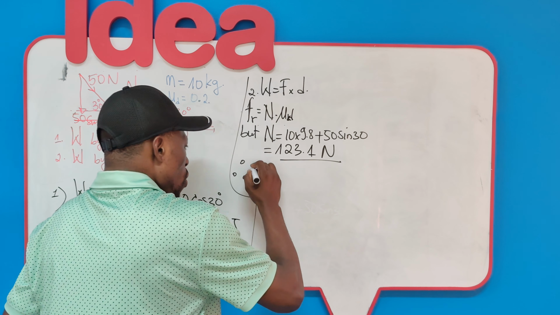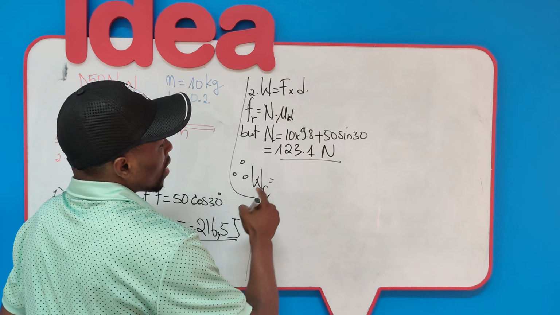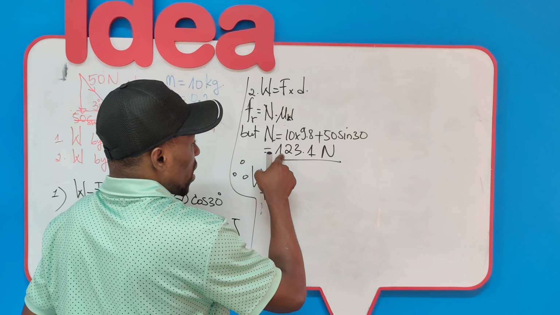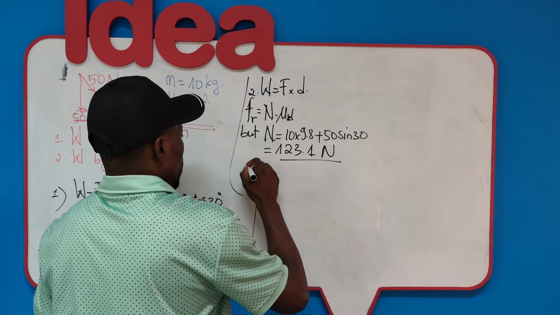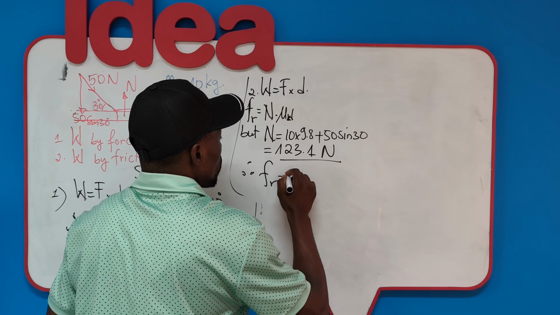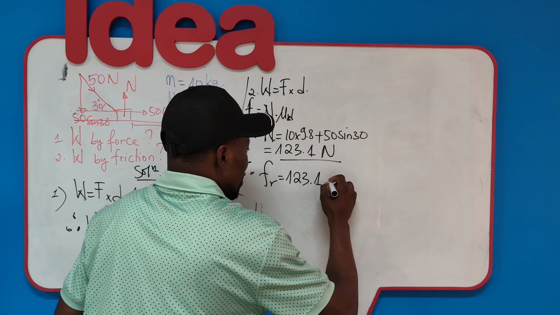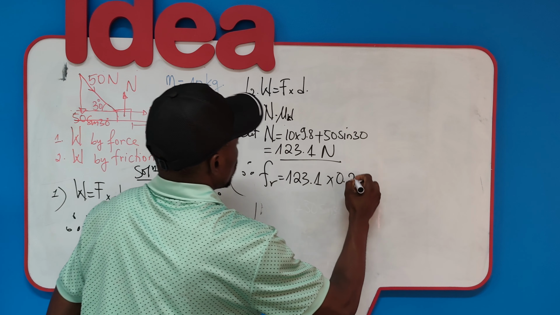Before the work done, this is just the normal reaction. Therefore, the friction force itself will be this normal reaction times mu d, 0.2.